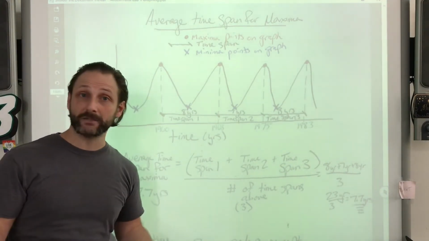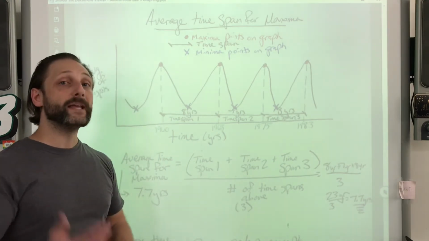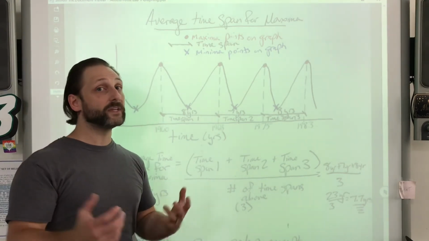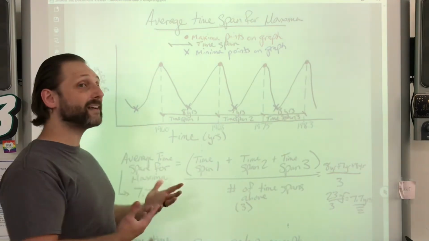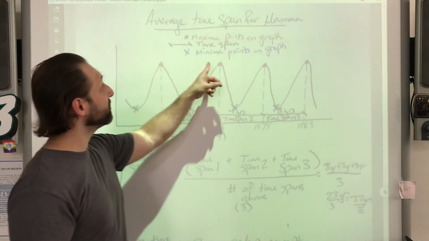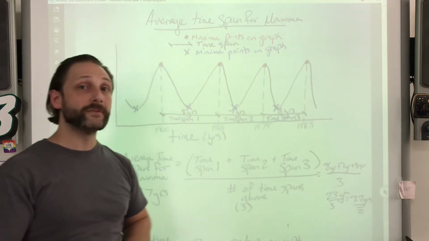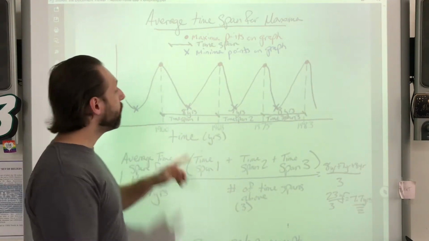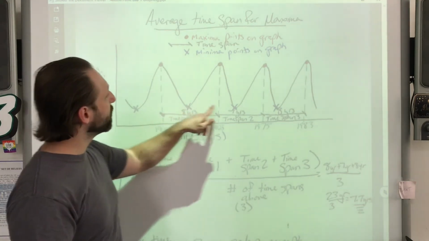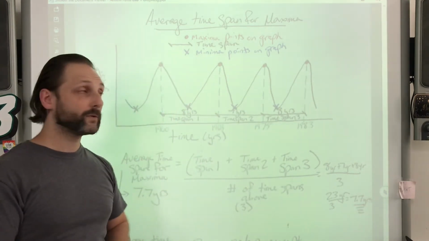So let's get over to here so that we can talk about what time spans are, based on whether you're dealing with maximas or minimas. For nature's purposes, if you think about something that's maximum, it's a lot, right? So if we're talking about maxima, we're talking about the highest points on a graph. If we're talking about minimum meaning low, we're talking about minimas being the lowest points on these graphs. Okay?